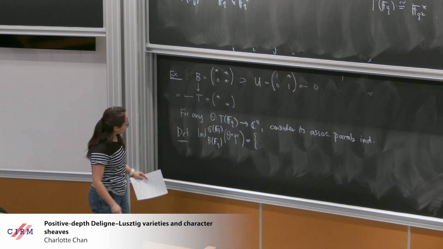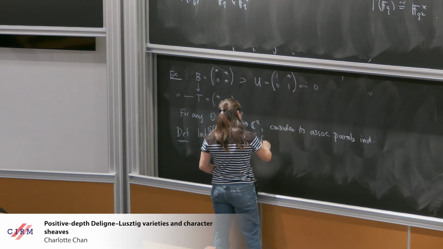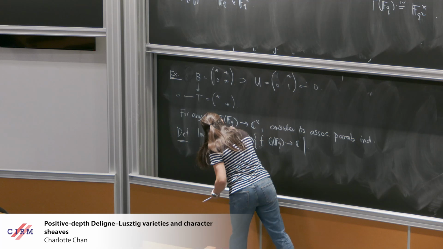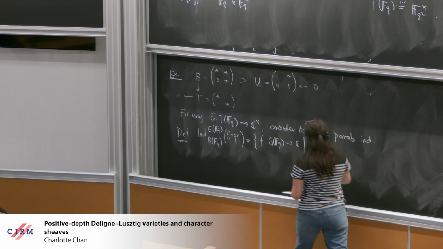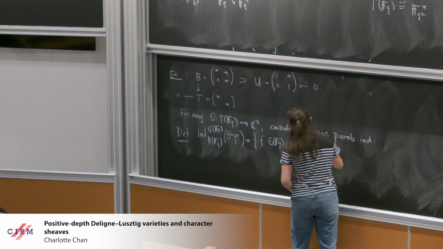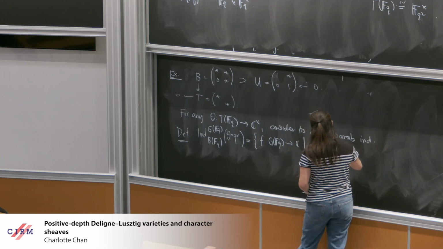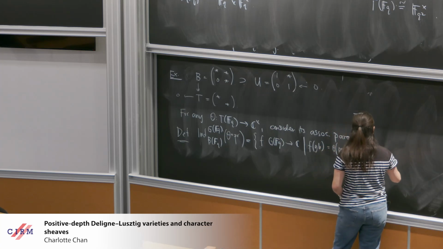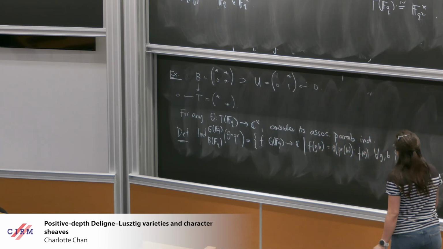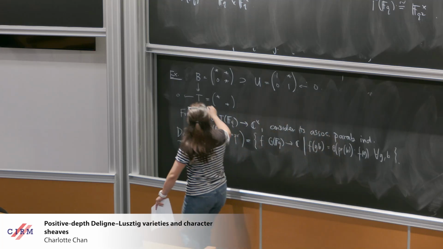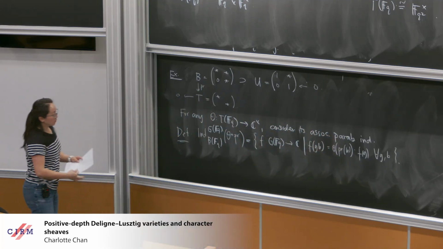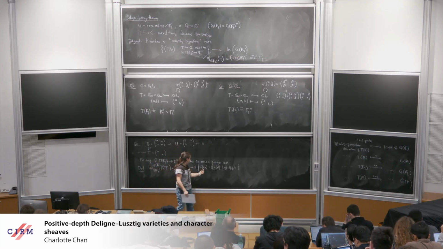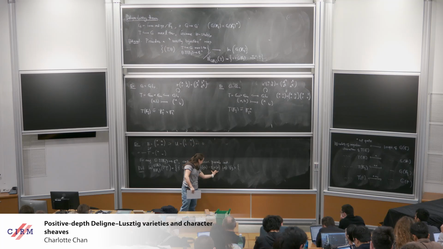This is a space of functions, all functions on G of FQ which transform in this way under the right action of B. So F of GB equals theta of the image of B times F of G, for all G in G and all B in B. Of course, if I started with something inside U and multiply on the right by U, then this thing is trivial.